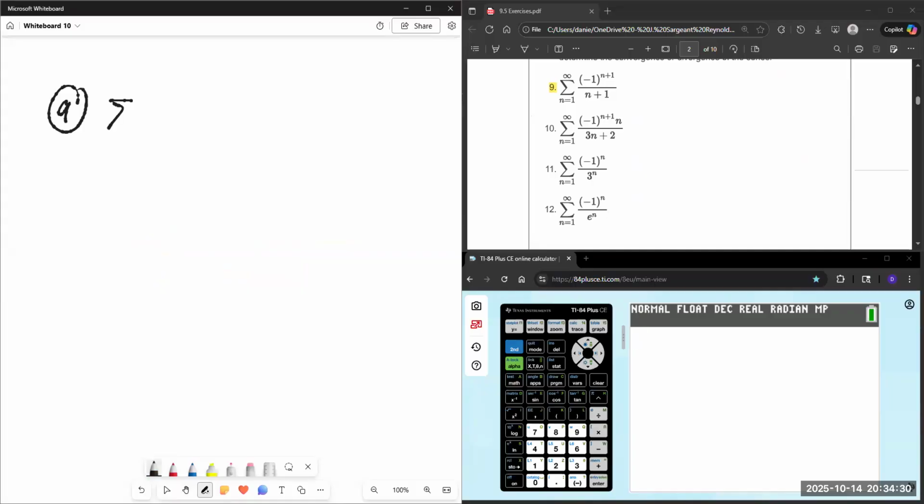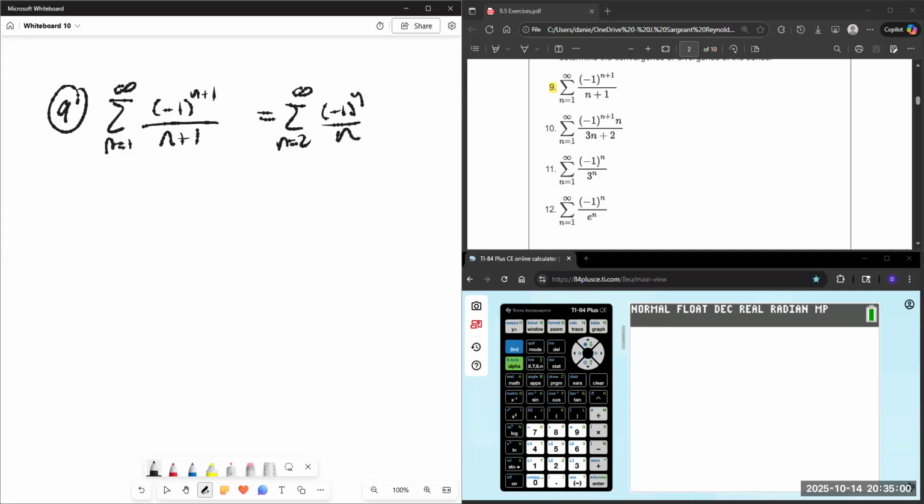Let's go ahead and look at number 9. Number 9 says summation from n equals 1 to infinity of -1 to the n plus 1 over n plus 1. And notice the sign changer there. I could rewrite this one as n equals 2 to infinity of -1 to the n over n.